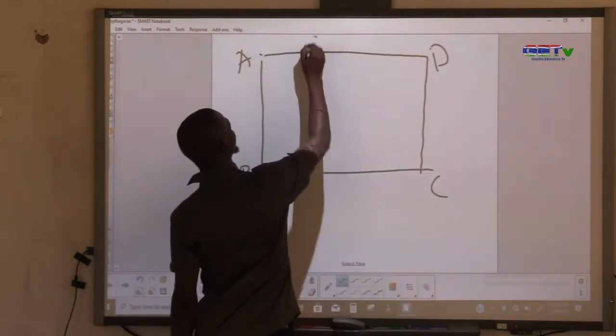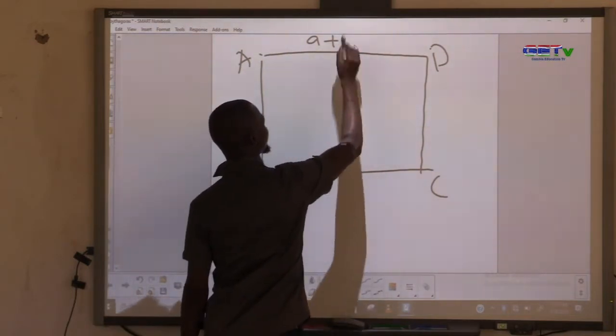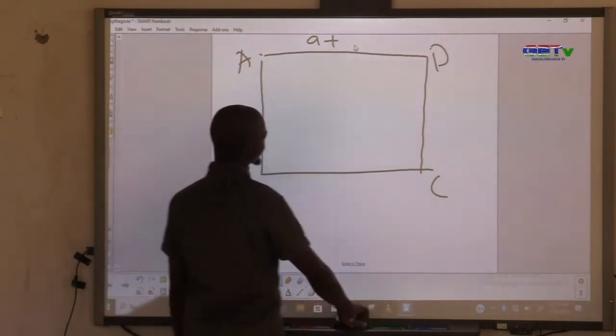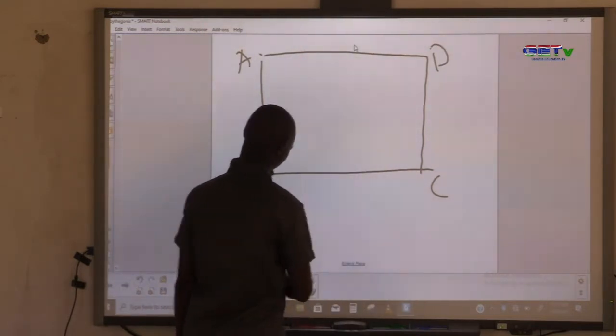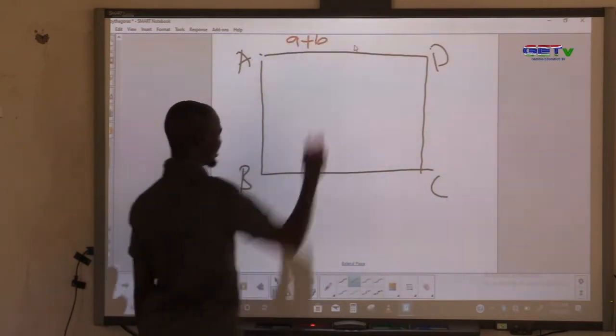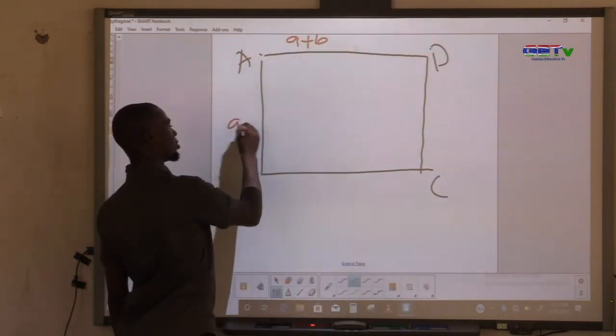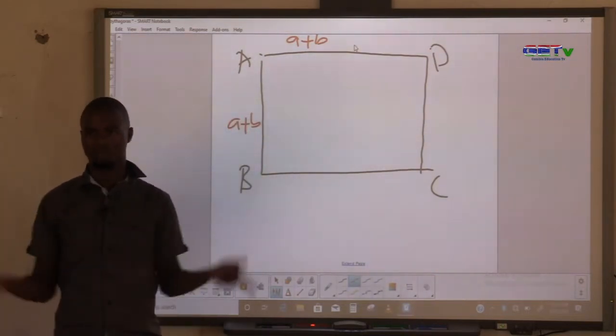The length of that is A plus B. The length is A plus B, here also is A plus B. Those are the sides of the big square.